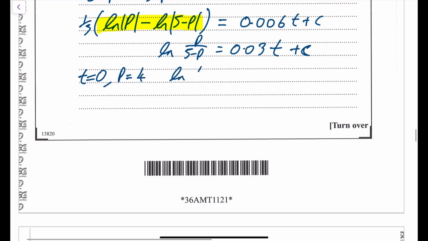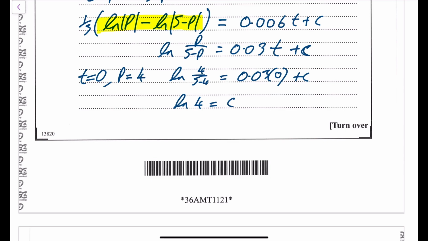So that's ln of 4 over 5 minus 4 is equal to 0.03 times 0 plus c. So that tells me that ln of 4 on the left hand side is equal to c.